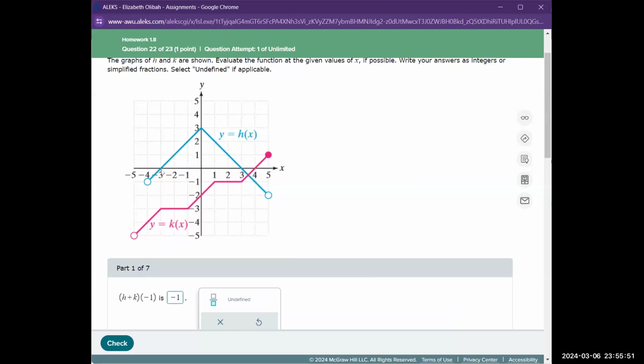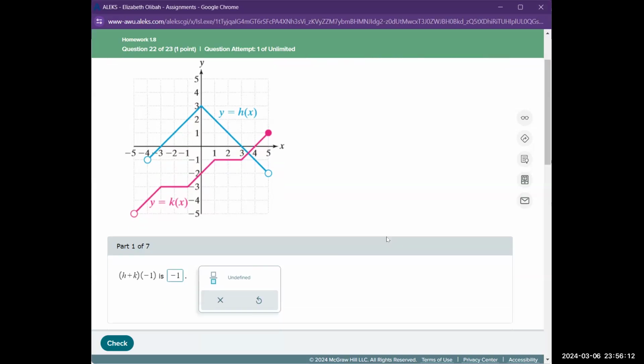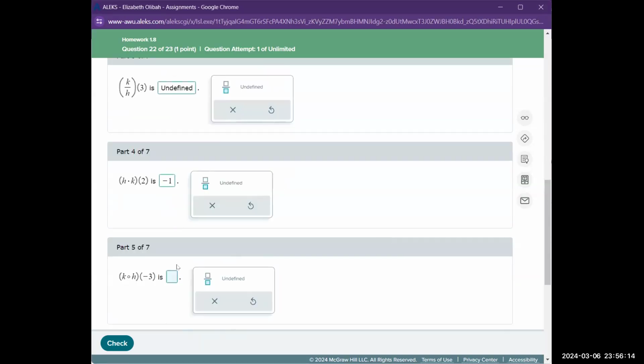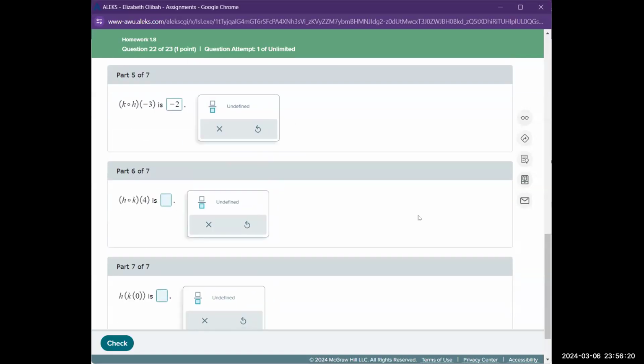So at -3, the h function, the blue function, is 0, right? So now I need to plug that into the red one, which means go to 0 and see what's happening at the k graph, the red graph, -2. So the compositions are a little trickier because you need to do it in order from the right to the left.